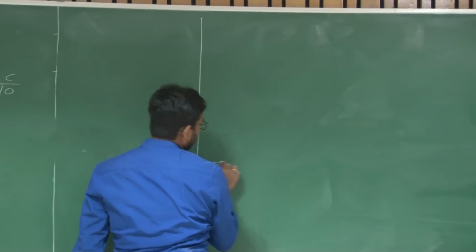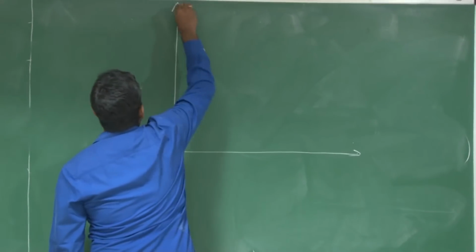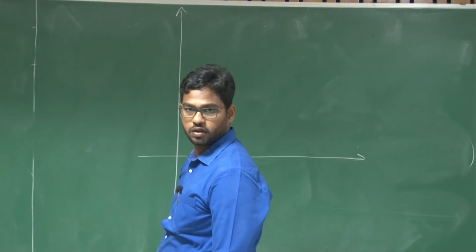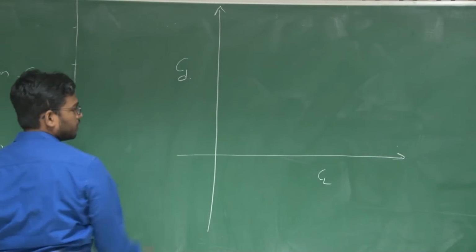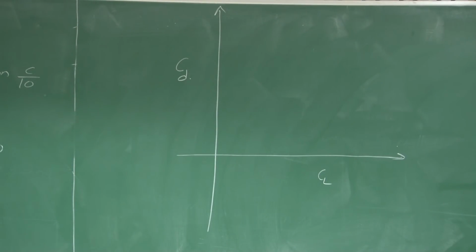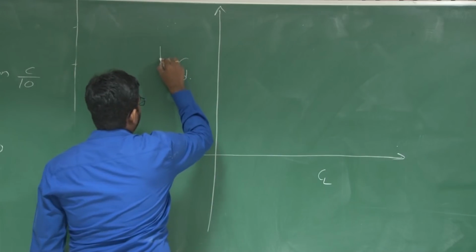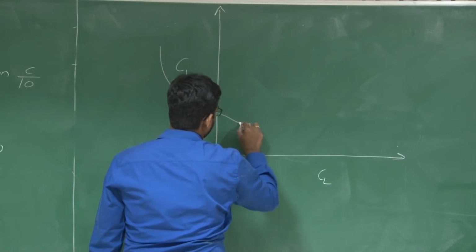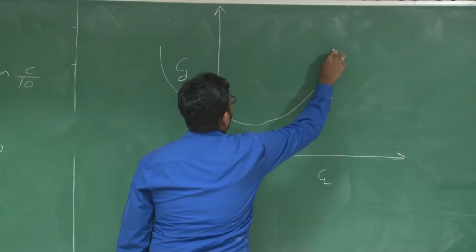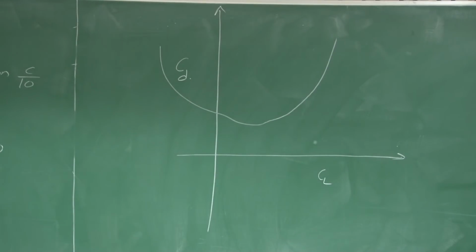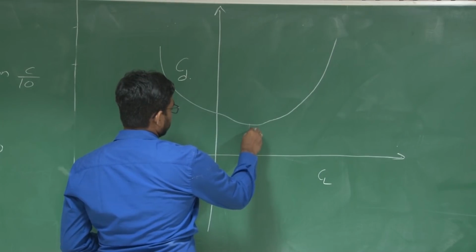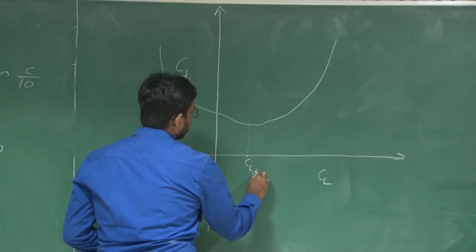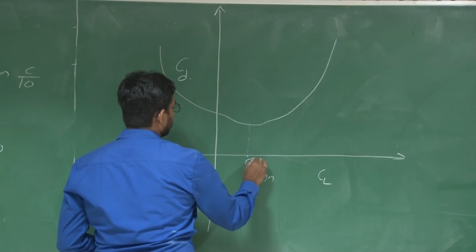So we have design CL. Coming back to this drag polar, the variation of CL and CD. Now, say this is my CL design, in this case about 0.4.